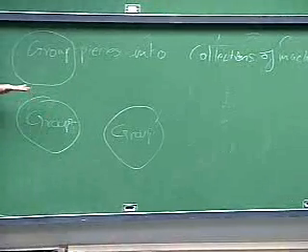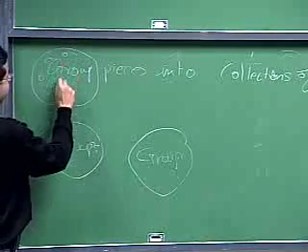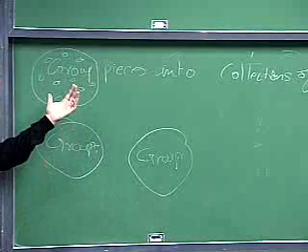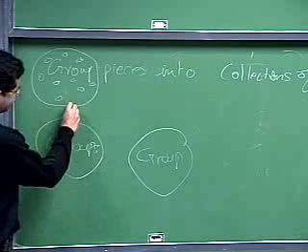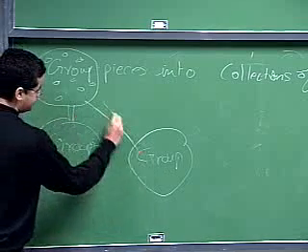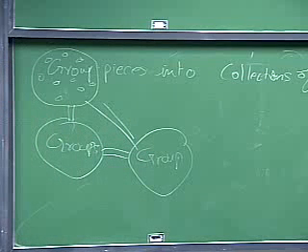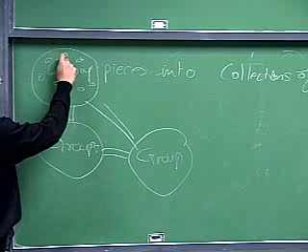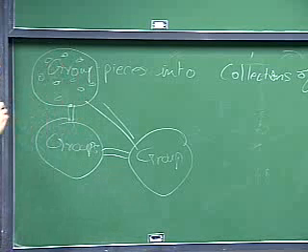Each group will have multiple machines, and these groups might be linked to each other. What about within a group? How do I reach this link from a point in the group?